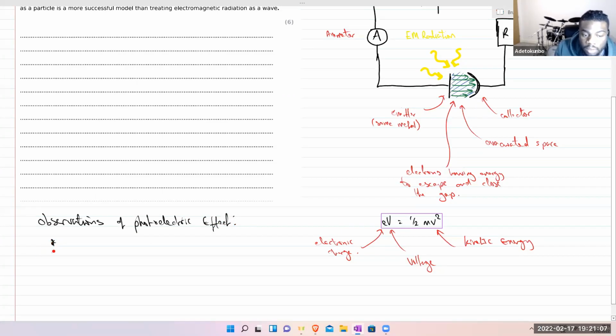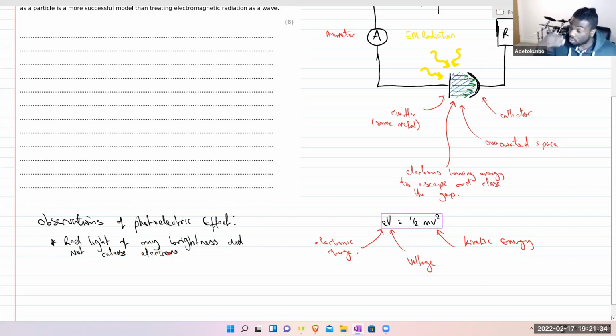The first and very important observation is that red light of any brightness did not release electrons.